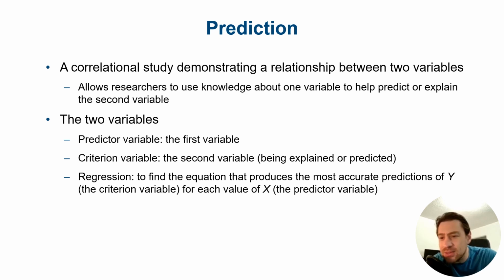So if the relationship between GRE scores and grad school performance were a perfect correlation of 1, then knowing somebody's GRE score would tell you exactly how well they would do in grad school. Now, in the real world, it's never going to be that strong. But even a moderate correlation will allow you to make predictions above chance, and that can be very useful in many fields, from science to healthcare to education.